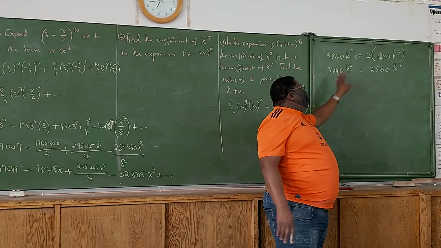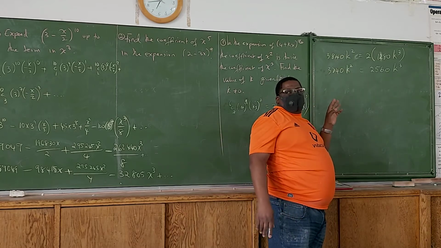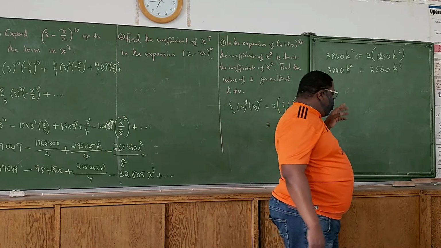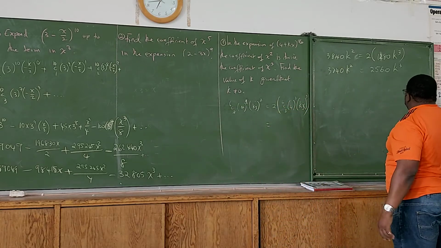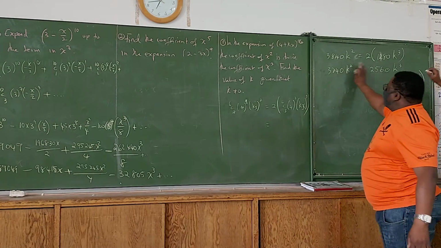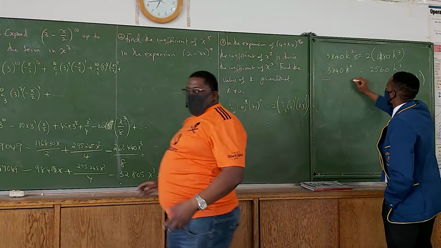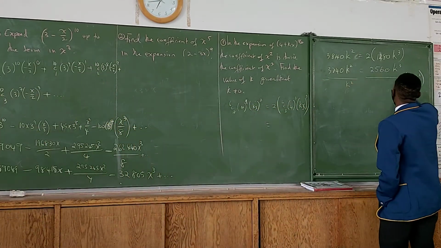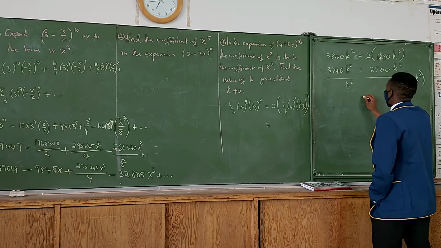So, what do you do? Let it equal to 0. Not necessarily. Divide both sides by k squared. It's easy. You don't have to let everything equal to 0. So that's going to give you what you are looking for.